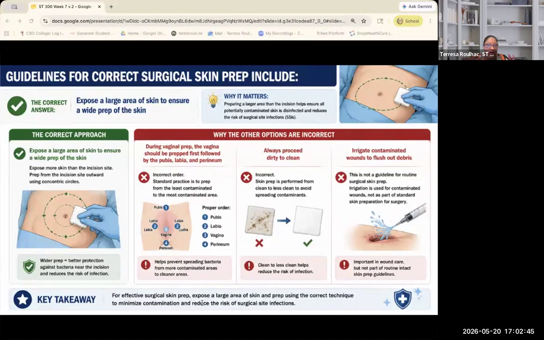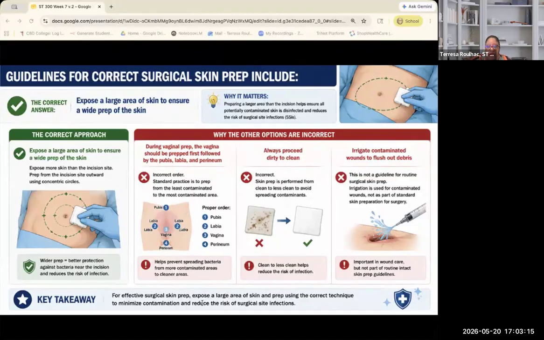Even if they're talking about an open appendectomy where we just have the one incision, say this particular doctor nicks something else. Well, now that smaller appendectomy incision has to be extended. Think about contamination risk. If we only prep that one little incision site and now we have to extend it, think about what would happen.